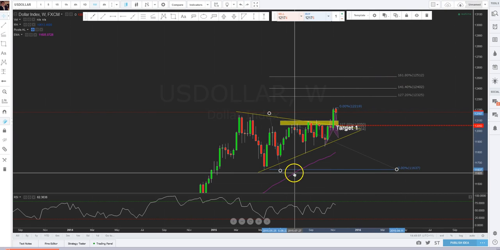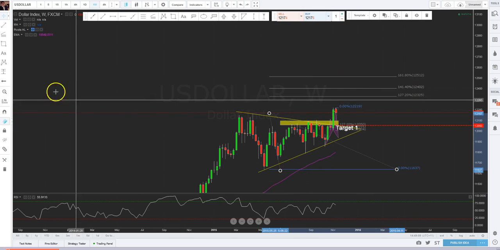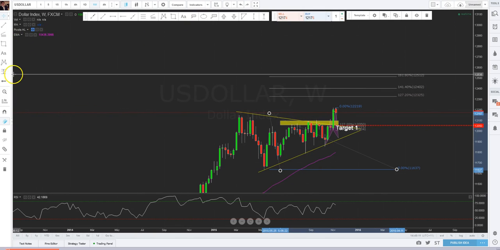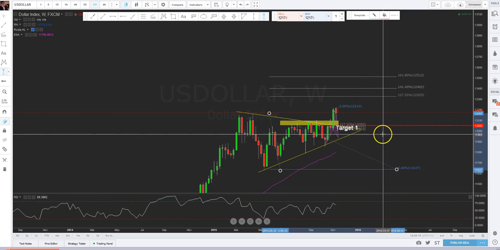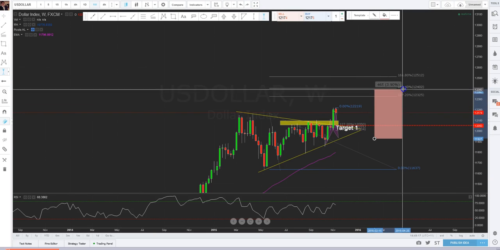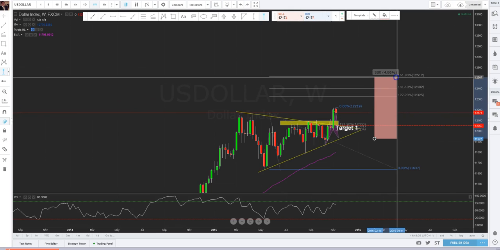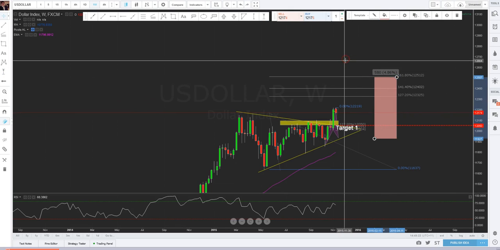Okay, and I'm using FXCM's US dollar. I didn't use the DXY. So what am I looking for? Price. There we go. So potentially looking at 4.8, almost 5%. That's pretty good.